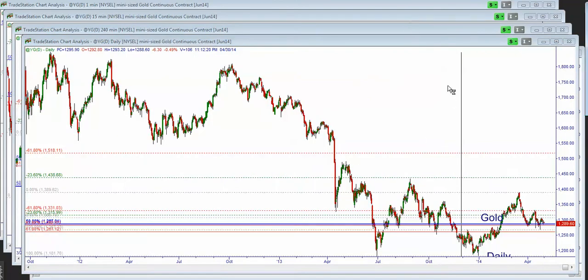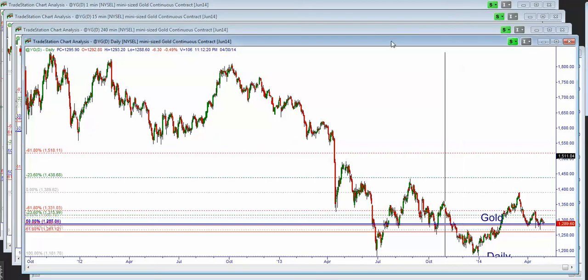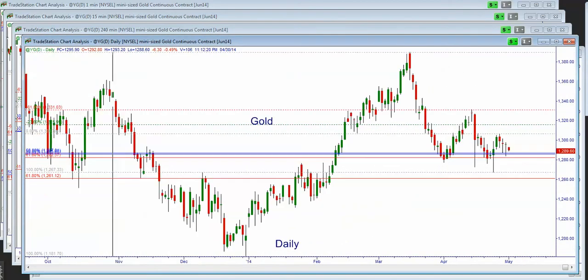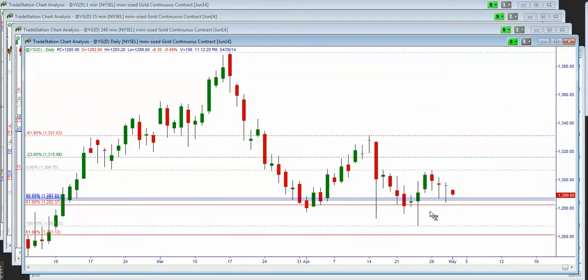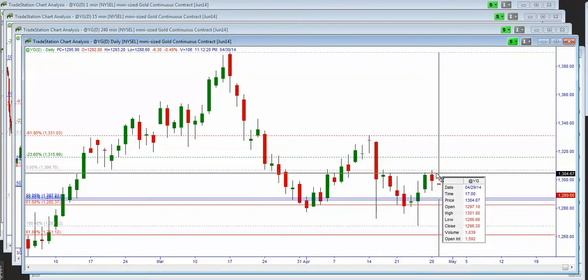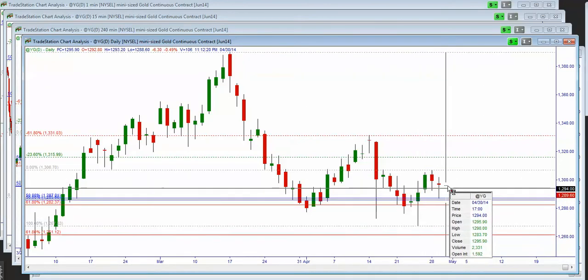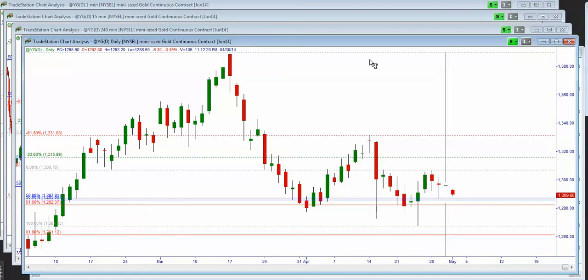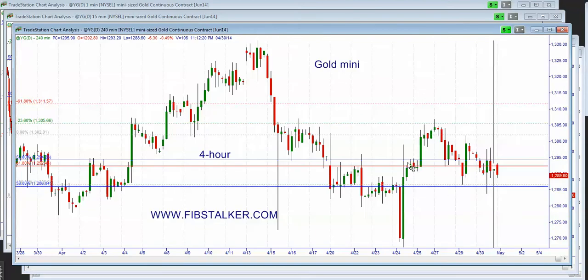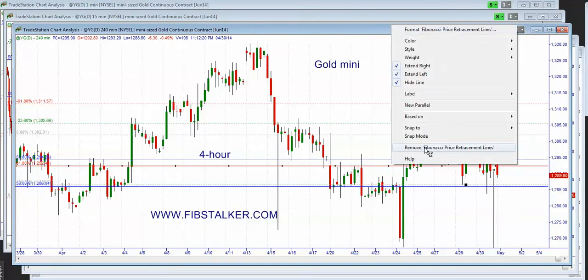When we come to the gold here, gold mini future went to retest this level all the way halfway back here once and twice today. So you know, this chart is a little bit of a mess.